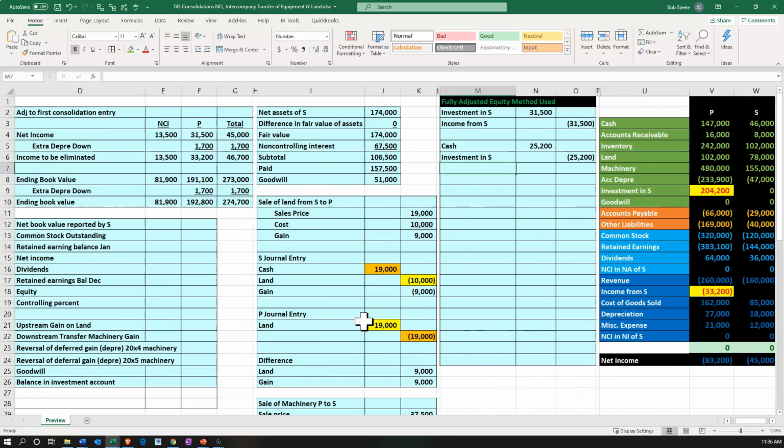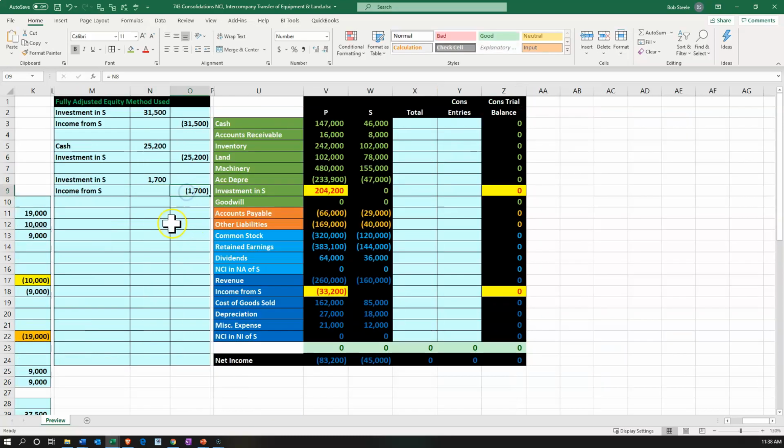So the investment account is going to be the debit of the 1,700, basically the excess depreciation, and the credit going to income from S. It's increasing basically P's investment in S, because we're saying that this number here is including depreciation that's too high. So basically that would mean this number's too low, so they're basically increasing their reflection of it here.